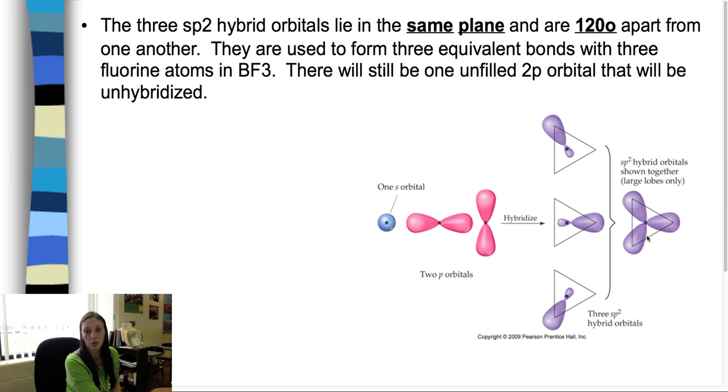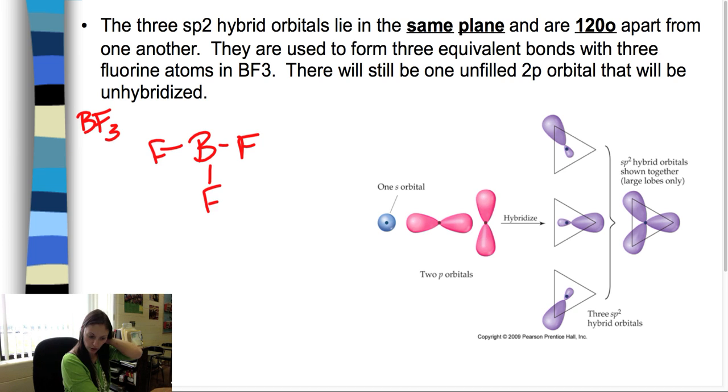They are used to form 3 equivalent bonds with 3 fluorine atoms in BF3. And there's still going to be one unfilled 2p that we're going to look at in a second. So if you look at BF3, we've got boron and 3 fluorines. We're going to have 3 identical bonds, which is what we need. So we look at boron. Boron is 1s2, 2s2, 2p1.